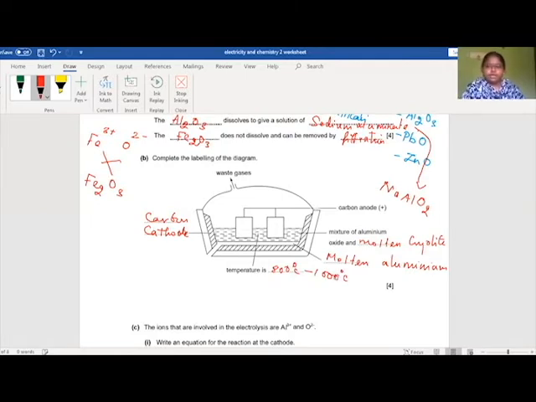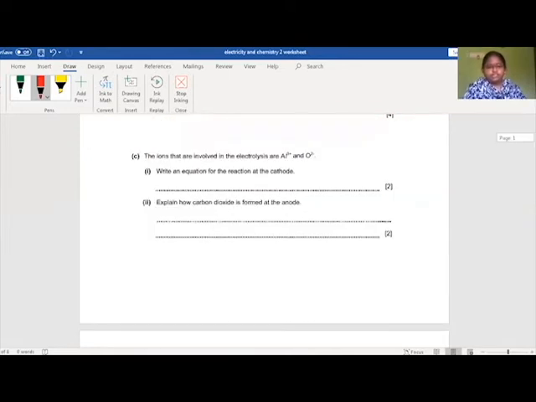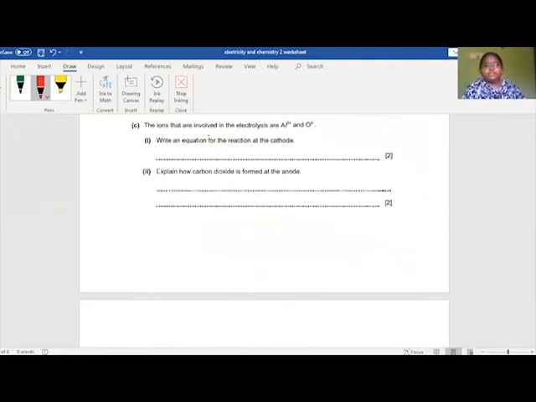Okay, then what is the next question? These are all continuous questions, one single question we are saying. The ions involved in the electrolysis of aluminium oxide are Al3+ and O2-. Write an equation for the reaction at the cathode. So we know cation moves towards the cathode. The cation is the aluminium ion.